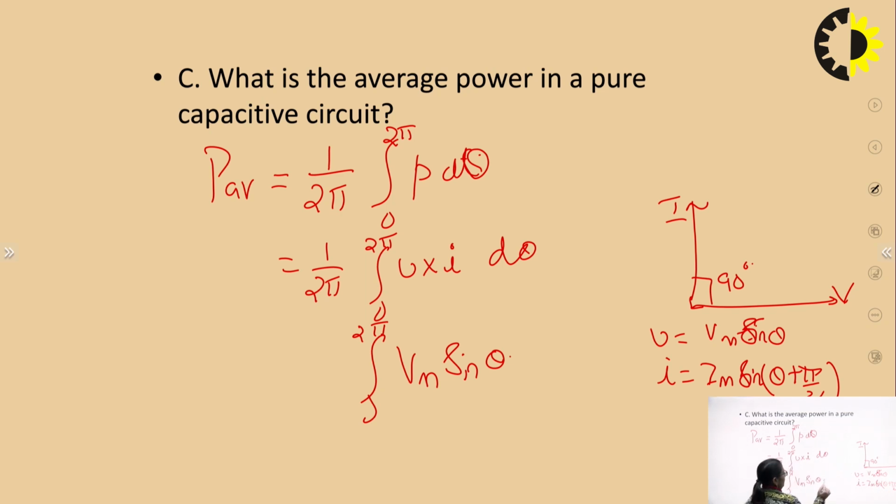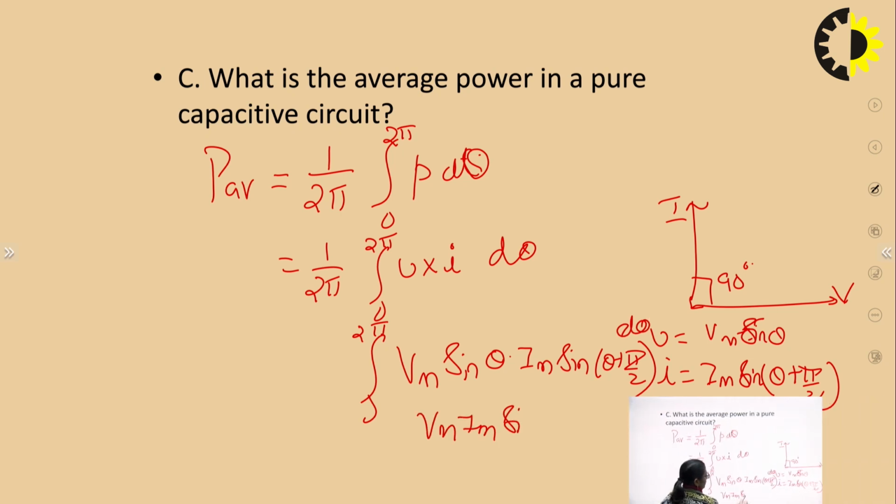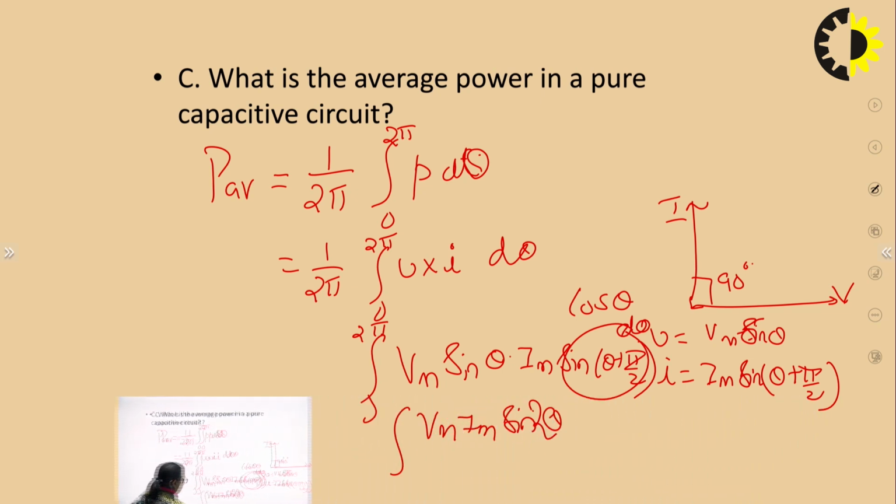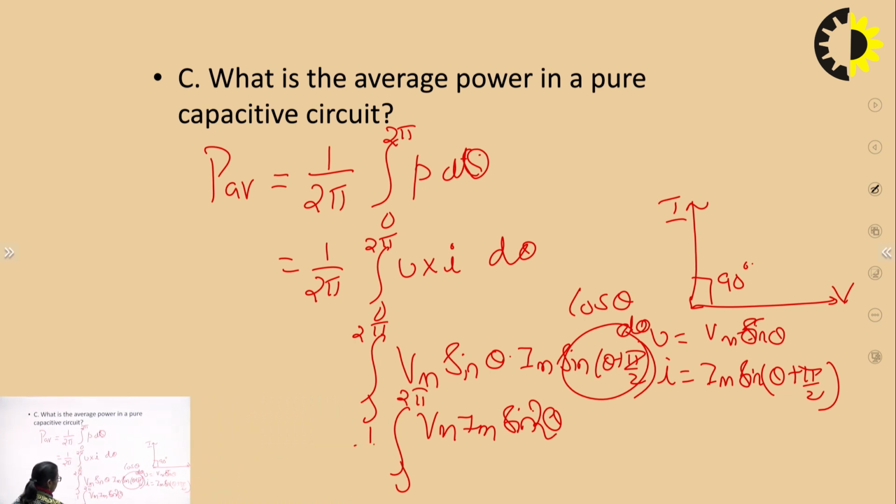So let us apply that here. This is Im sin(theta plus pi by 2) d theta. So this becomes Vm Im sin theta cos theta, which I may write as sin 2 theta, 1 upon 2 pi integration 0 to 2 pi d theta.